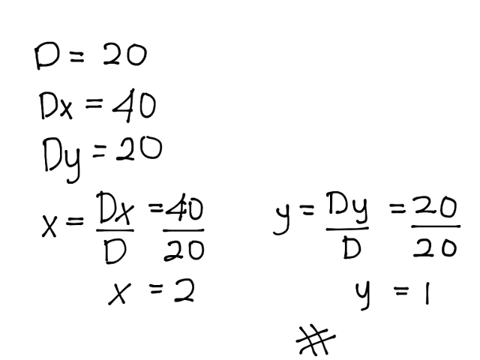Now, let's say we have another example to solve the system of equations using Cramer's rule. So let's say we have a second example. It's given to us: negative 3x equals 3y plus 3.